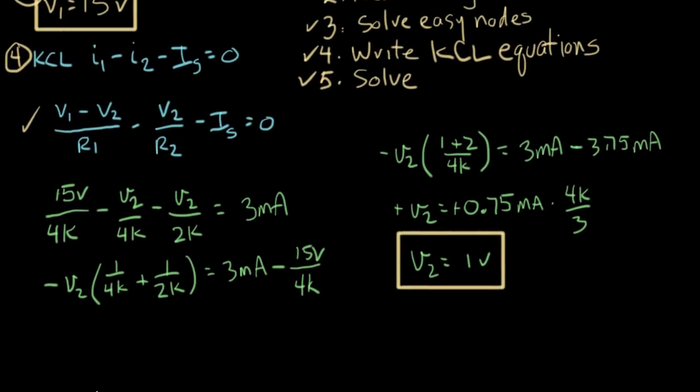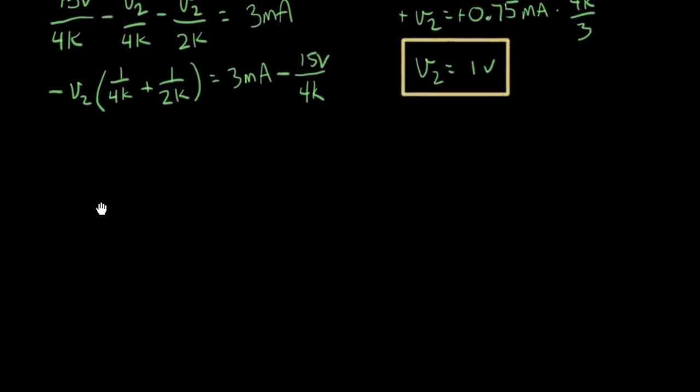I want to show you one more thing that is a powerful part of this technique. Let me quickly sketch the schematic again. So this was our schematic, and we assign node voltages here, V1 and V2, and we made this our reference node.